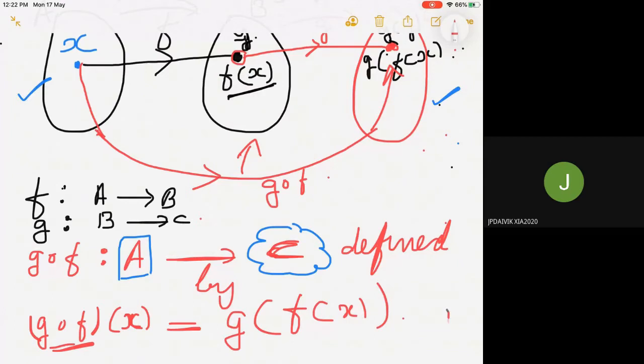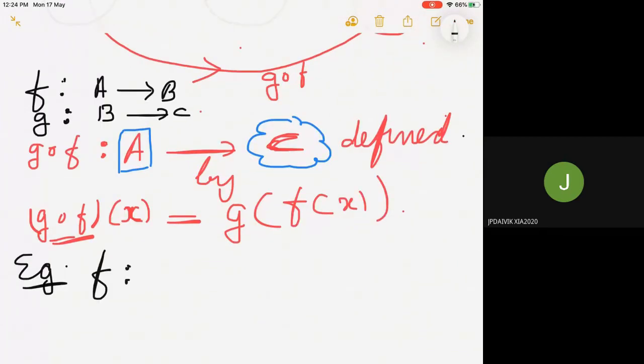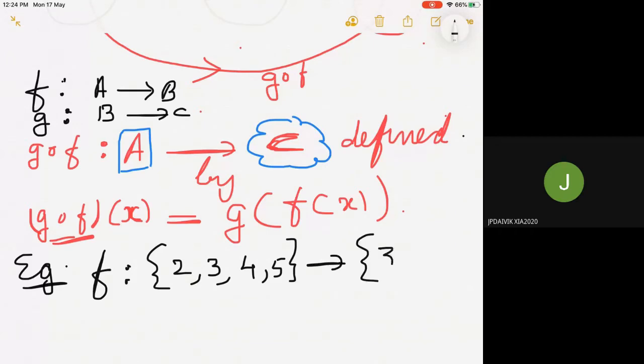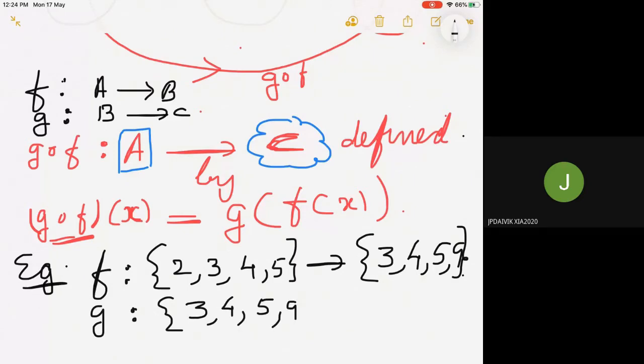Now, f is defined from the set {2, 3, 4, 5} to the set {3, 4, 5, 9}, and g is defined from {3, 4, 5, 9} to {7, 11, 15}.